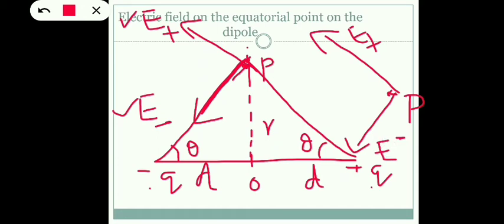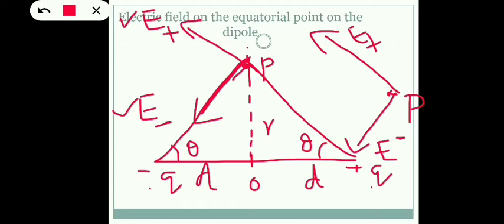Now, both are vectors. So what will be the resultant electric field at the point P? Here, since the two vectors E plus and E minus are acting along different directions, we must resolve each vector into perpendicular components, and then we can find the resultant electric field.